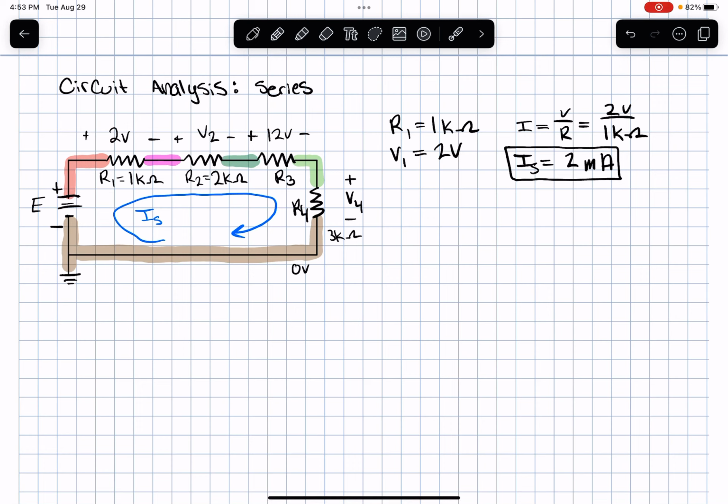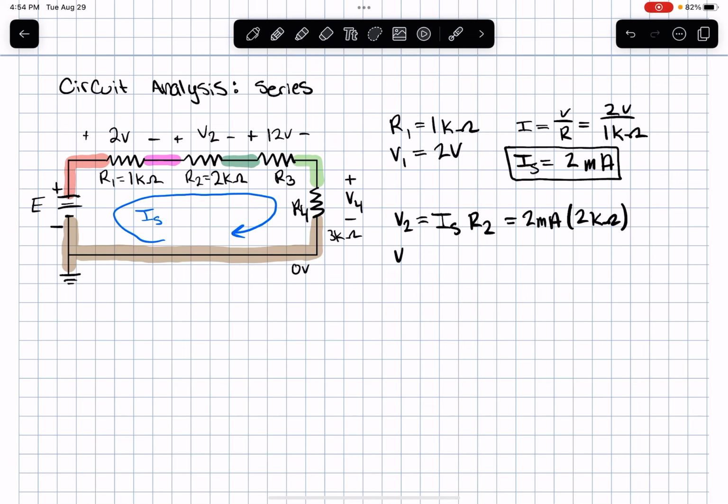Right, okay, so now that we have our current, we can find voltage 2. Voltage 2 is going to be the current source times resistor 2, which is going to be 2 milliamps times 2 kilo ohms.